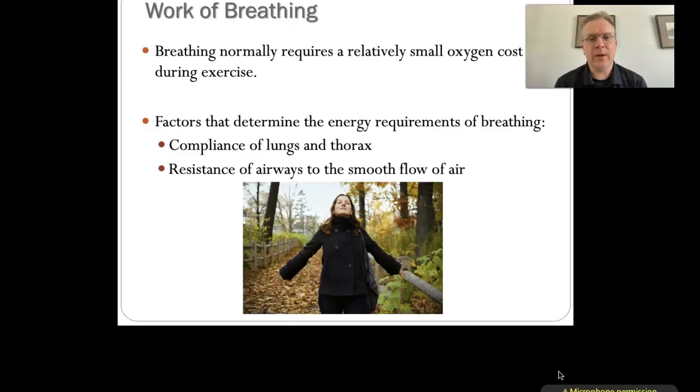Then also resistance of the airways to the smooth flow of air. Really, once again, when we're talking about bronchitis or emphysema, with the overall resistance of airways, we're having to work harder for getting that oxygen to the working tissue. It's similar to what we talked about in regards to the impacts that we see with left ventricle hypertrophy, right?